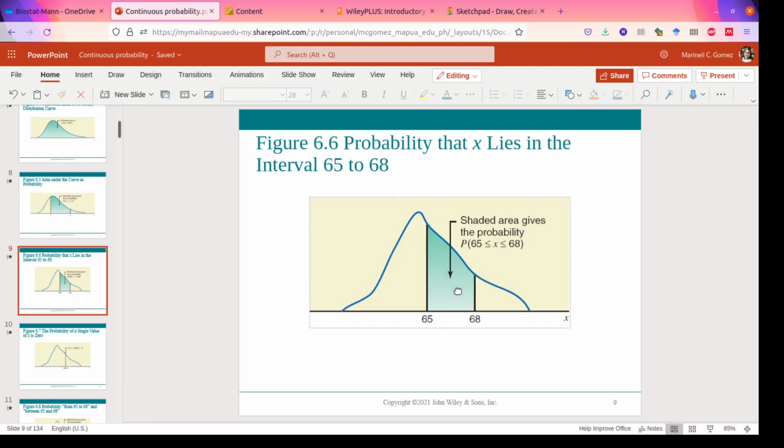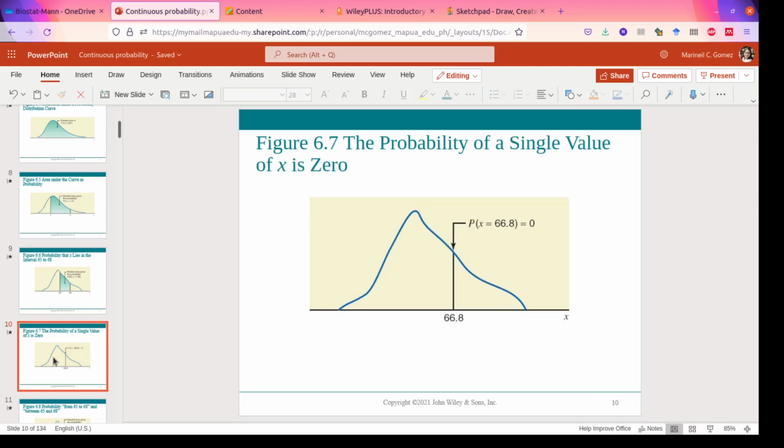That probability can be solved by getting the area beneath the curve over the interval 65 to 68. So between 65 and 68 inches, the probability is the value of the shaded region. Basically, for a continuous probability distribution, the shaded region is the probability of getting a certain outcome within that particular area.